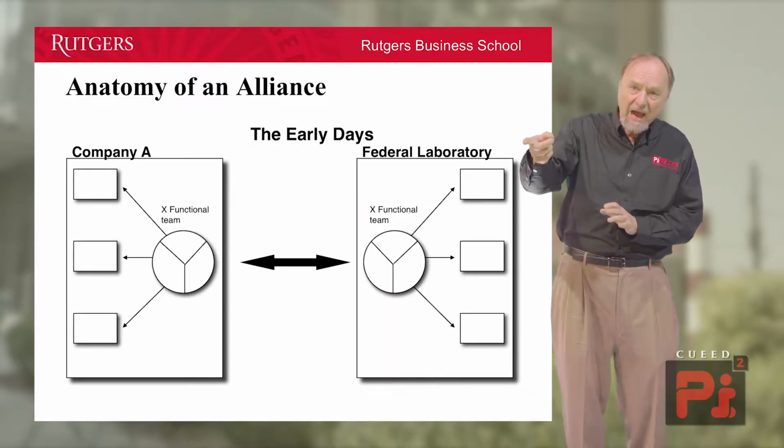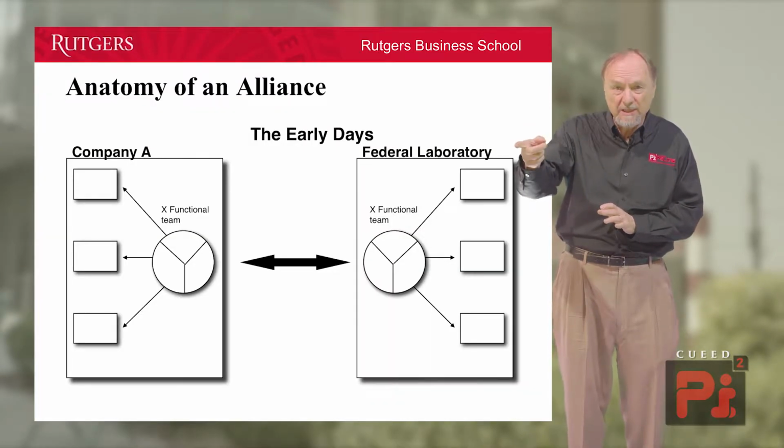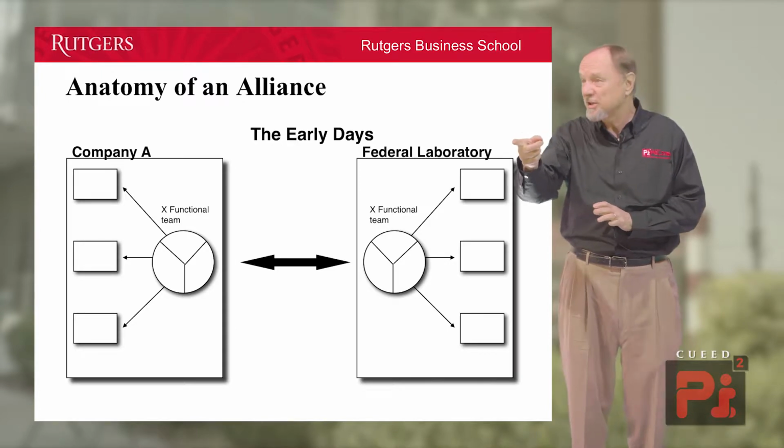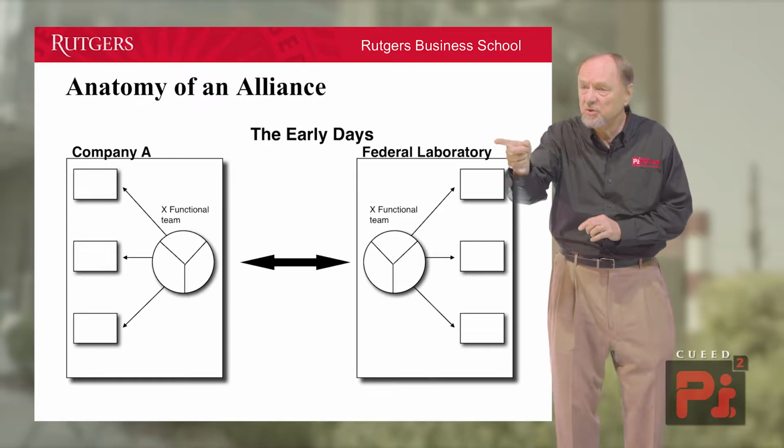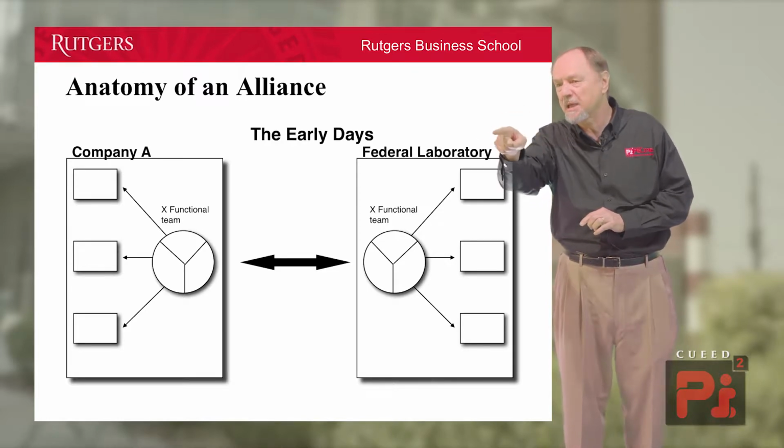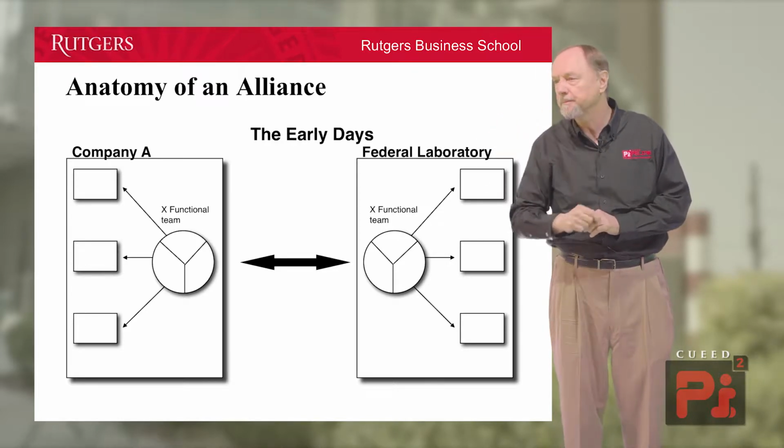First of all, you have to understand the anatomy of an alliance in order to understand how to resolve conflict. So in this slide, during the early days, really during the join-up session, the communication structure between the two organizations is that big, black, heavy line. Let me share with you the anatomy of an alliance.